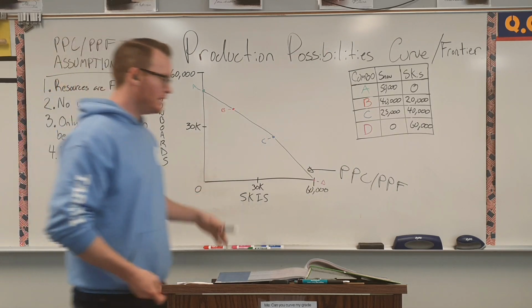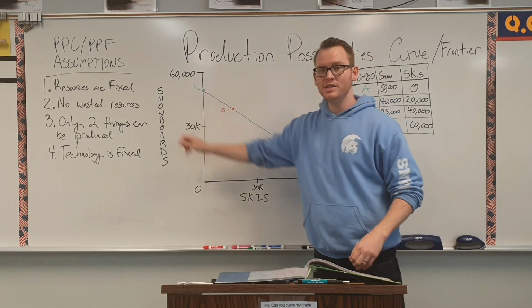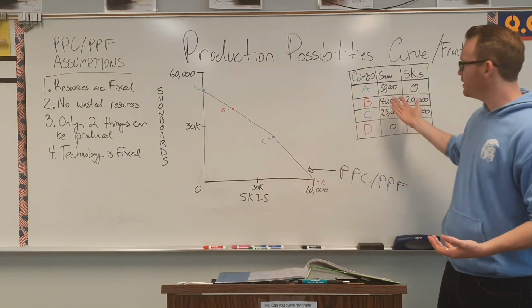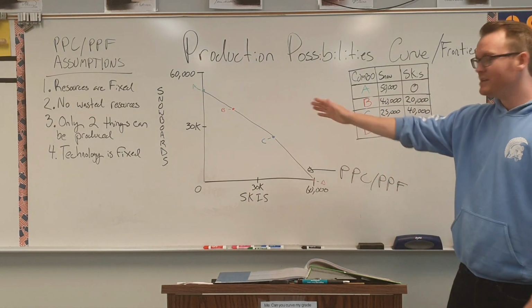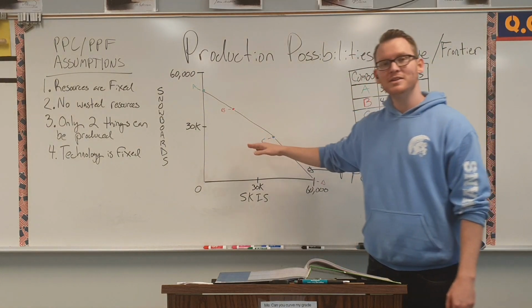All right, now keep in mind, let's go back and look at our assumptions. So we're assuming that resources are fixed. We're not going to purchase more wood or purchase more plastic or upgrade anything during this time that we're producing these things. All right, we're also not going to waste any resources.